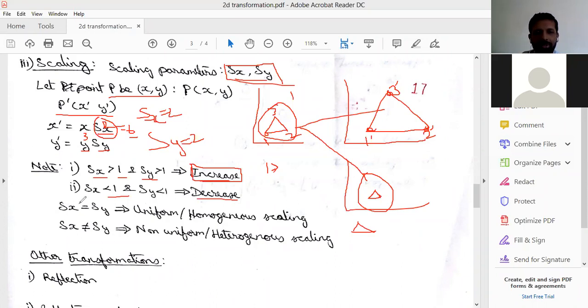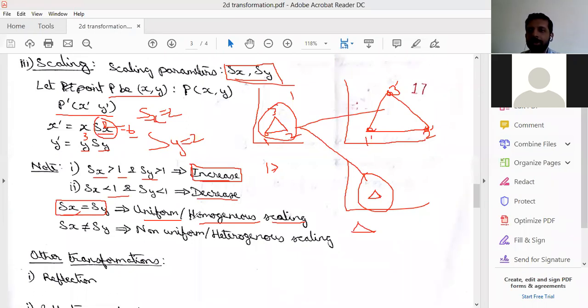The other condition is that if the scaling factors Sx and Sy are the same, then it is called uniform scaling or homogeneous scaling. That means every point, every coordinate is being scaled by the same change. It is going to be either multiplied by 2, 2.5, or reduced by 0.5, 0.8, and so on.